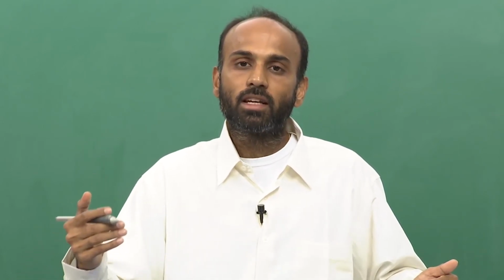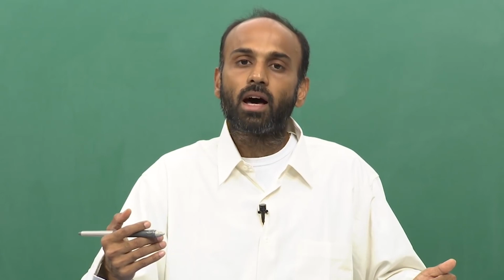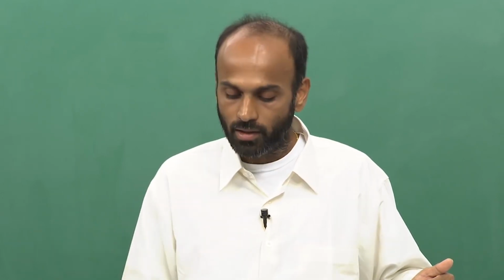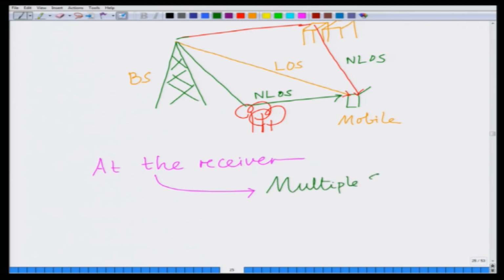Therefore, there are multiple signal copies at the receiver. These signal copies are arriving with various delays. So, at the receiver in a wireless environment, we have multiple signal copies and these signal copies are arriving with different delays.